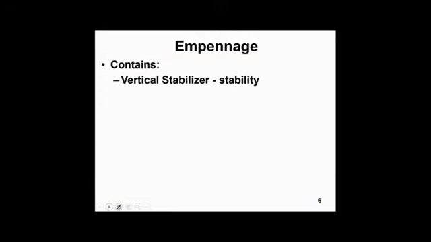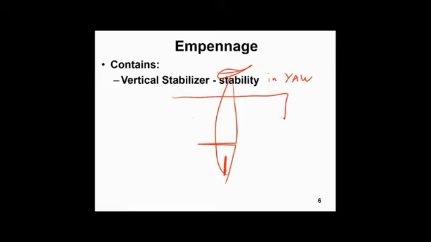The purpose of the vertical stabilizer is to provide stability in yaw. So here's our airplane, and here's our vertical stabilizer. We're looking down on top of the airplane, and here's a horizontal stabilizer.